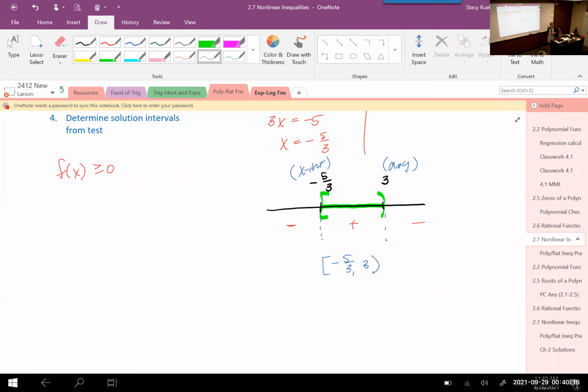Questions on that? So that's kind of a reminder of what we were doing when we did our rational functions yesterday, right? Solving them, finding the roots, in other words, finding at least the vertical asymptote.